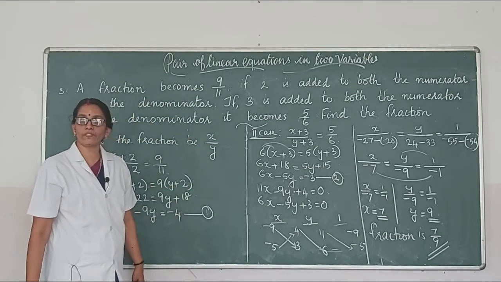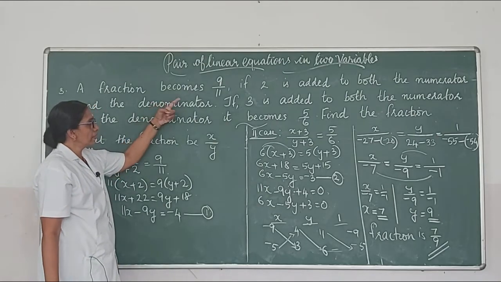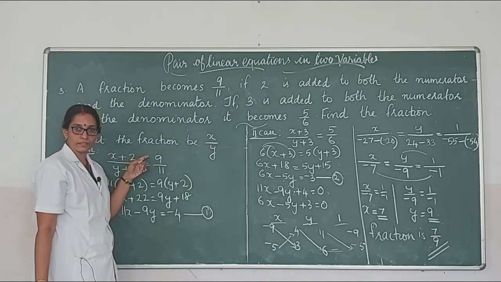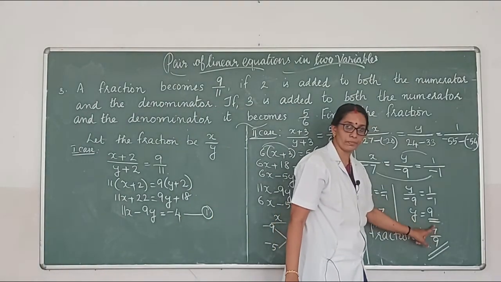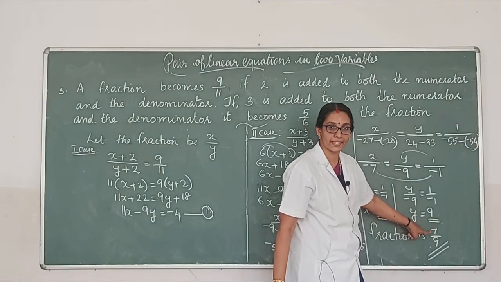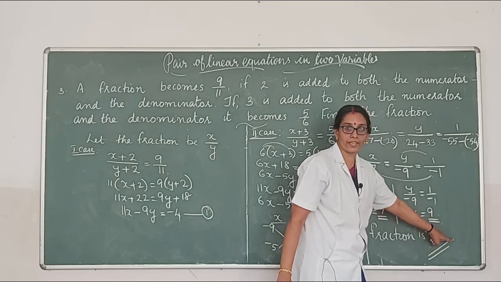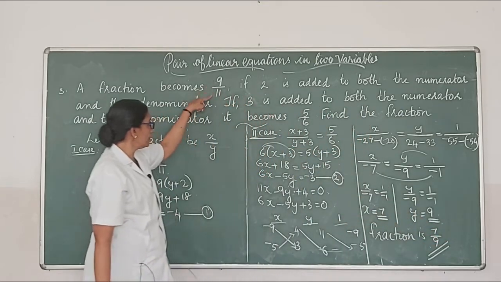See, you can verify whether your answer is correct or not. First statement: if 2 is added to both numerator and denominator, 7 plus 2 is 9, 9 plus 2 is 11. The fraction becomes 9 by 11, isn't it?